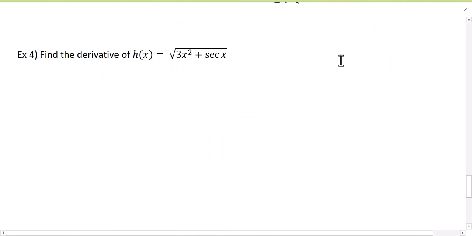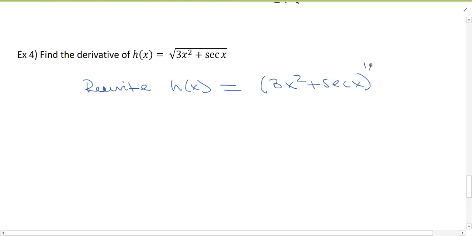Find the derivative of h of x equals the square root of 3x squared plus secant x. So this is definitely a composition of functions. So the question is, what's the outside function and what's the inside function? So I'm going to rewrite this in a way so that I can see what my outside function and my inside function are. So h of x is 3x squared plus secant x quantity, right, to the 1/2.